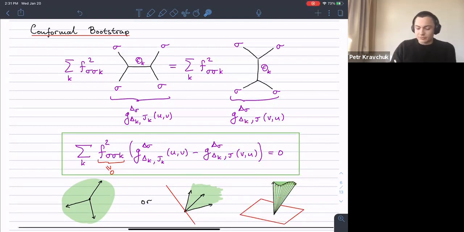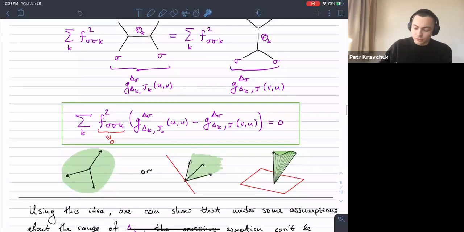And in practice, this is done by taking derivatives of this equation in U and V at some particularly nicely chosen point, which gives you a finite dimensional truncation of this equation. And then the search for this hyperplane is performed numerically.